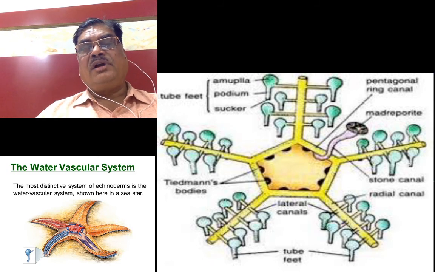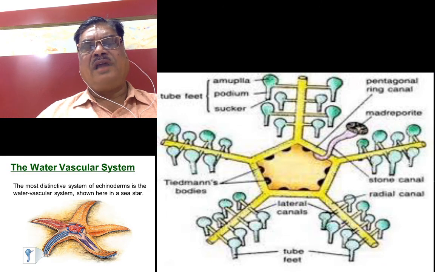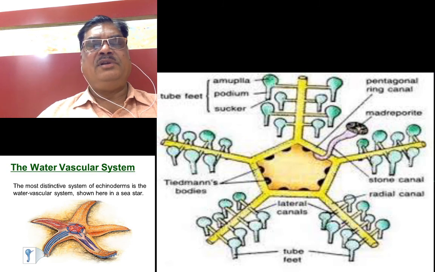So in this organism, the entire body is calcareous, and it has the power of autotomy and the power of regeneration. They have a well developed digestive system. Circulatory system is there, nervous system is there, reproductive system is there. Sexes are separate in starfish, male starfish and female starfish.